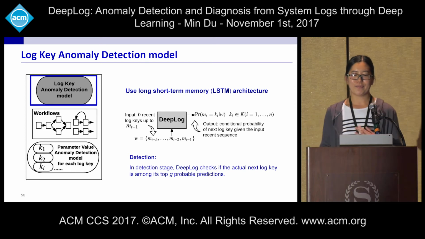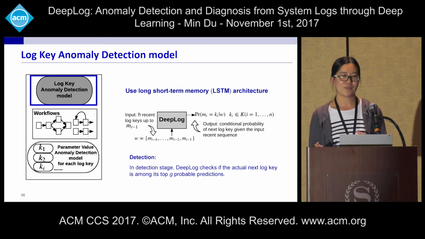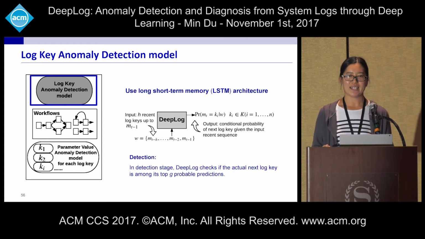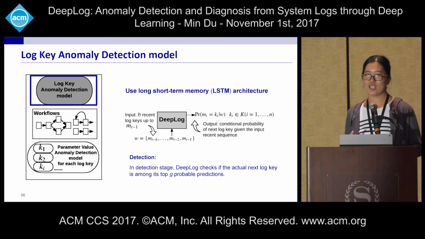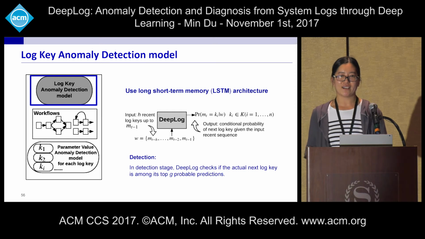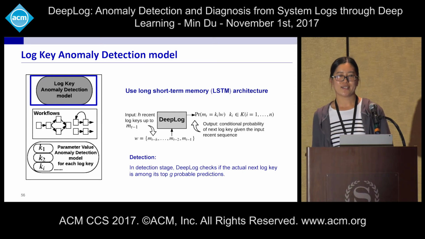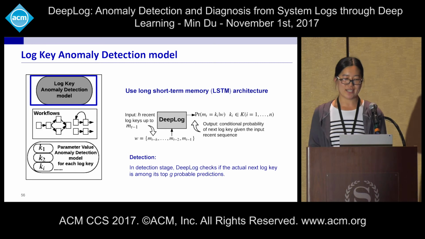So here is the probability distribution of those 100 log keys, and we sort the log keys based on their predicted probabilities. Then in the detection stage, if the actual next log key is within our top g probable predictions, we think it is a normal execution. Here, g is actually a parameter, and later we will see its performance.